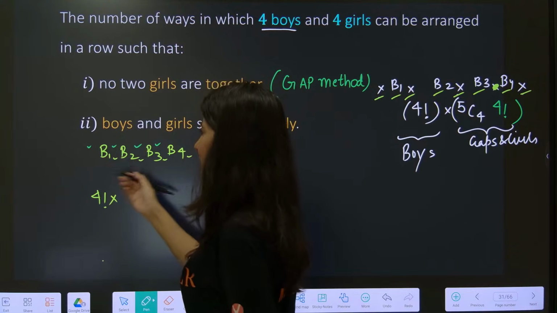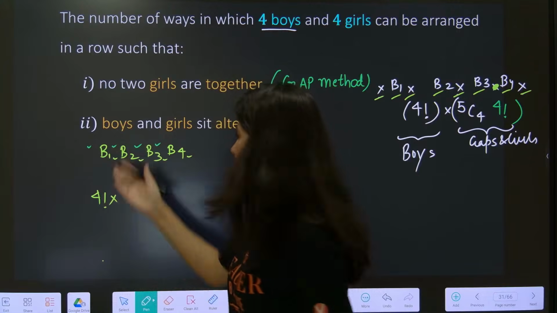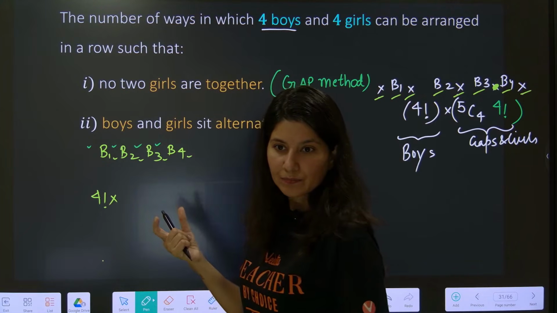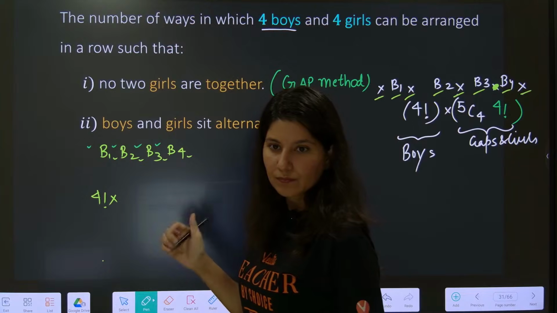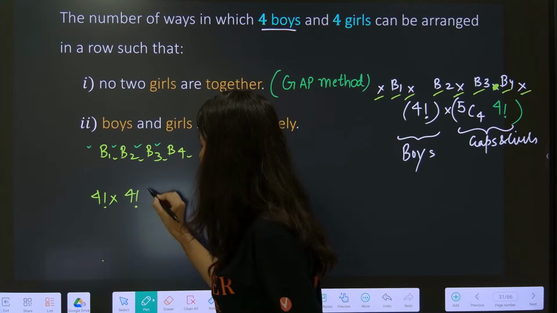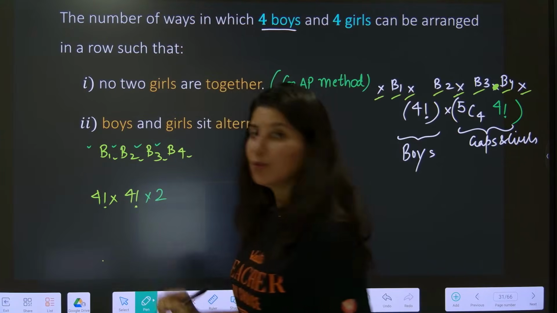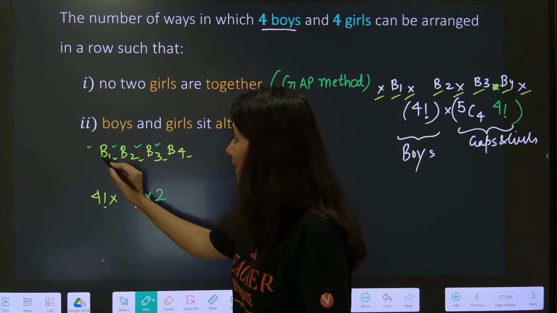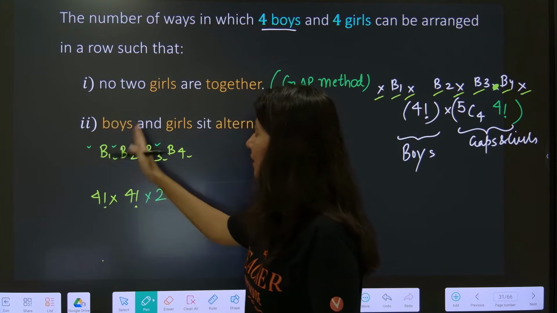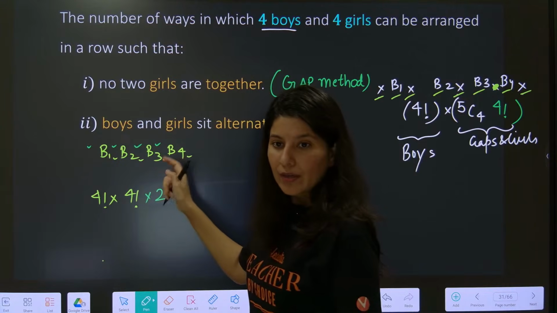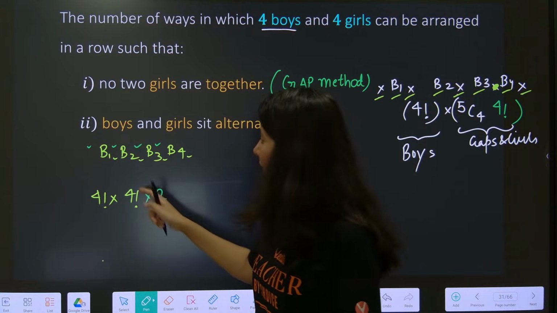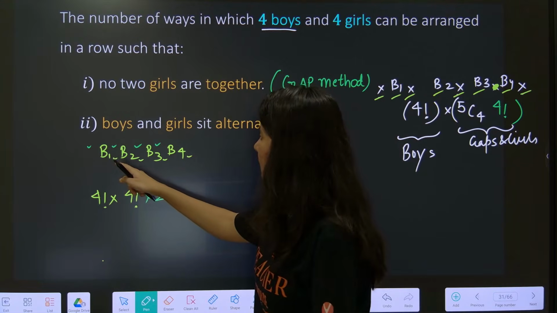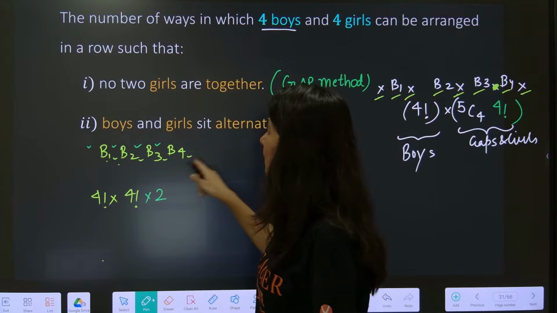So basically you have 2 options only. So this is 4 factorial into 2. What is the into 2? It depends on whether you want to start off with girls. So this arrangement will be girl, boy, girl, boy, girl, boy, girl, boy. And this is boy, girl, boy, girl, boy, girl, boy, girl.